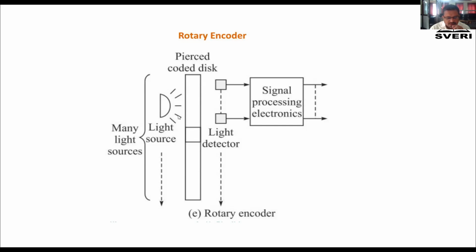Now when light is emitted from the light source, it passes through these slots, and these are the light detectors. It will detect light, and then the signal is processed, and you are getting the correct angular position of the shaft in terms of degrees. Therefore, this is nothing but a rotary encoder.